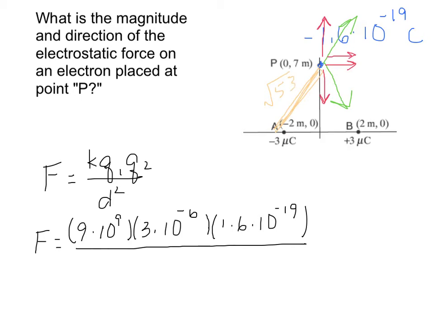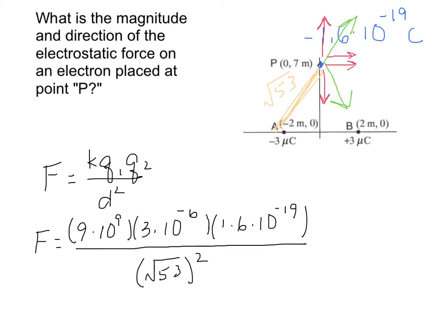I could put that in as a decimal form, but since I'm not really done with the problem yet, I'm just going to put it in as radical 53. And of course that gets squared. So there is the magnitude of an individual force. Those are the ones marked in green.